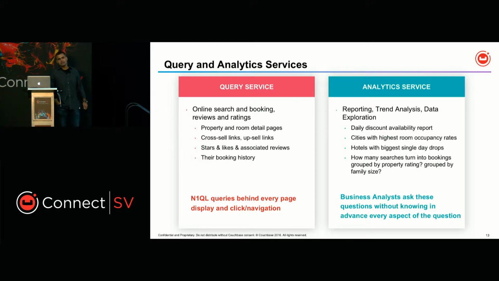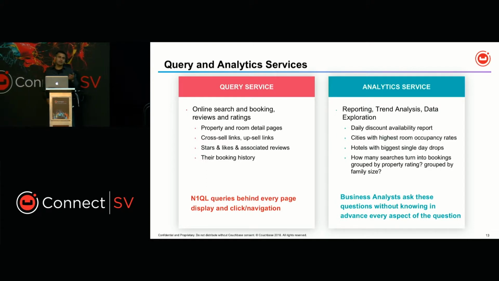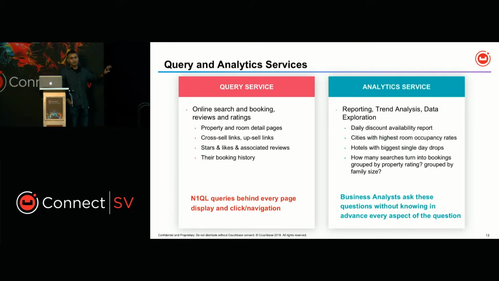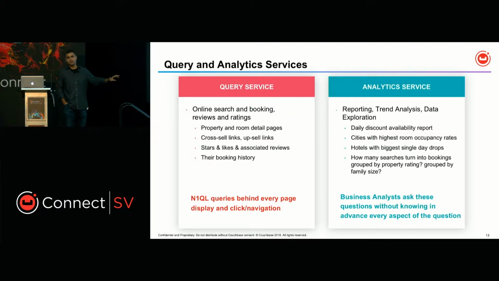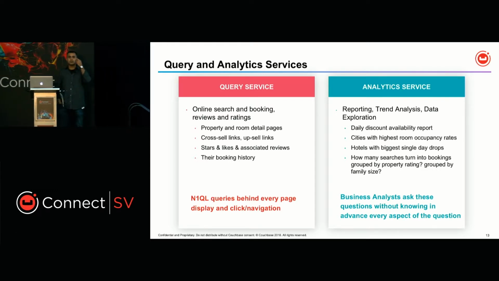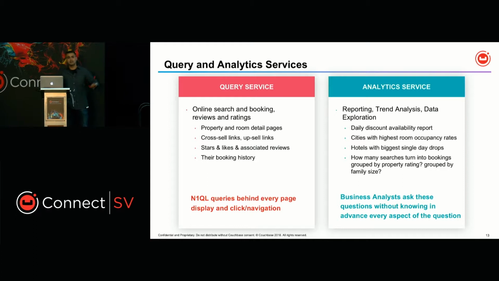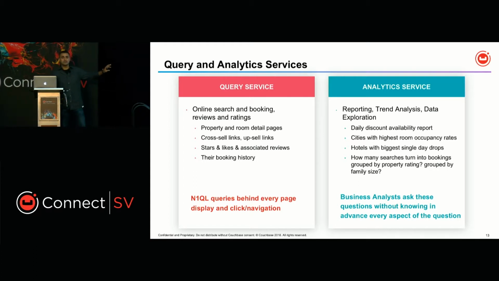So the answer to that is absolutely. The way to think about it is that we have a distributed system, so you can add capacity to the cluster if your data gets really, really unwieldy. Now, the big challenge with the approach you're describing is that right now, the way the analytics service works is that your data has to be in the Couchbase data node, and that's how it's available for analytical processing.